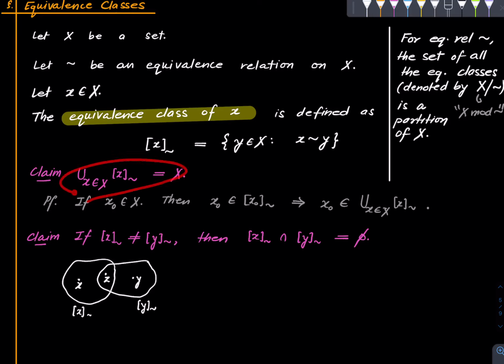That's what these two claims give us. Previously we saw how a partition gives rise to an equivalence relation, and now we see how an equivalence relation gives rise to a partition.